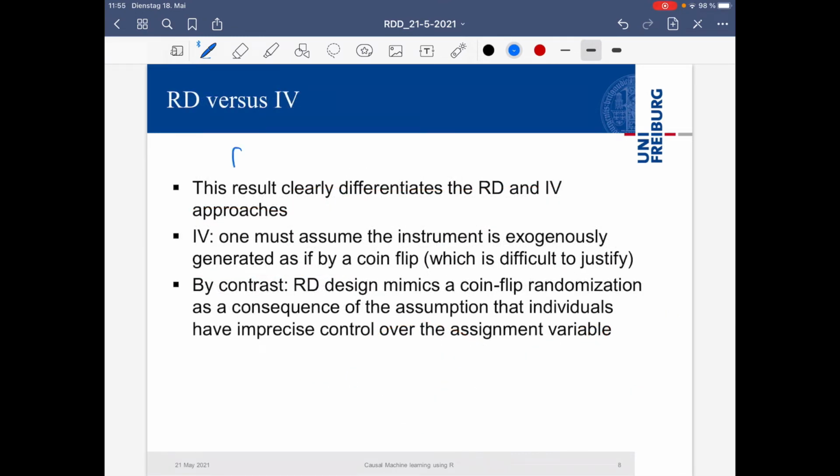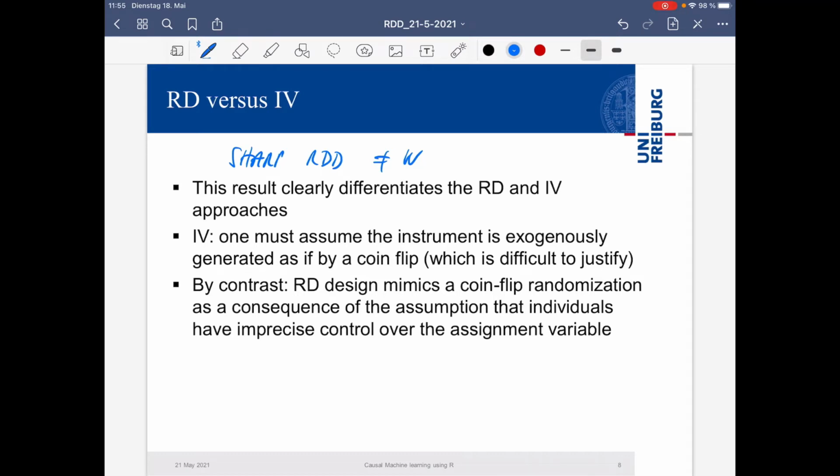So what we do is we differentiate between a so-called sharp RDD, which is not an IV, instrumental variable.